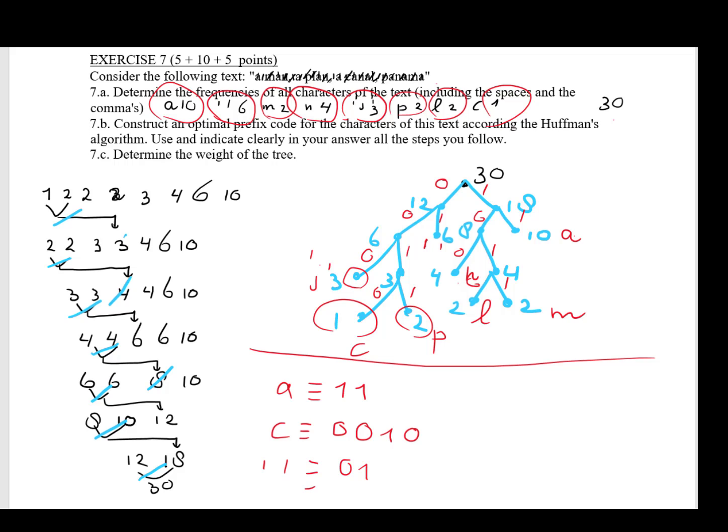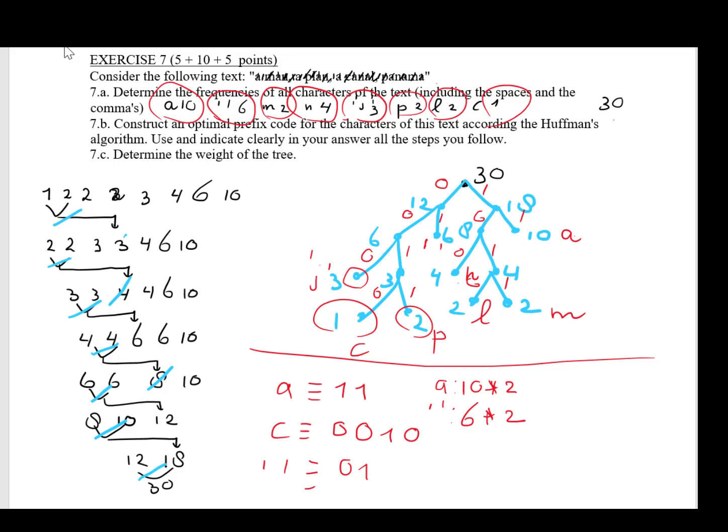Okay, what is the weight of the tree? Then we just have to add up all frequencies times the level in the tree. So we have 10 times 2, because we needed a prefix code of length 2 for A. So the A gives us the 10 times 2. I'll put the chars in front of it, so we know we can't forget anything.